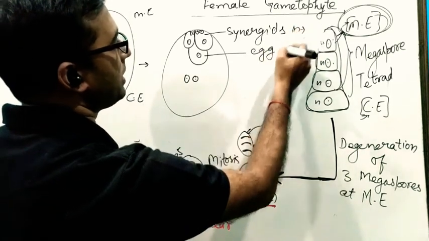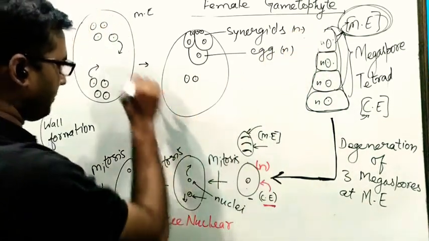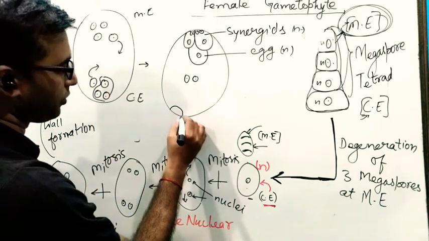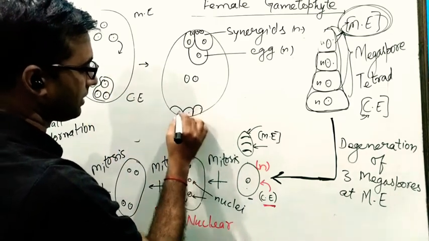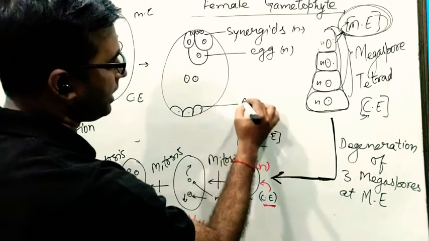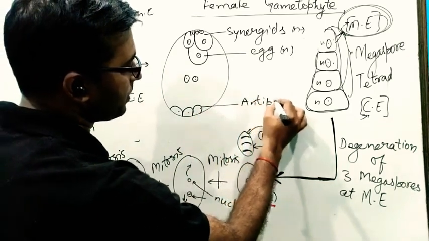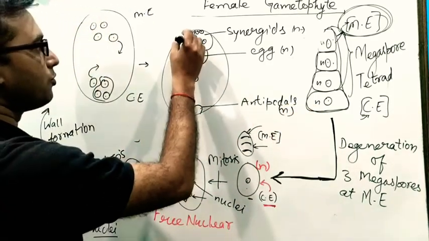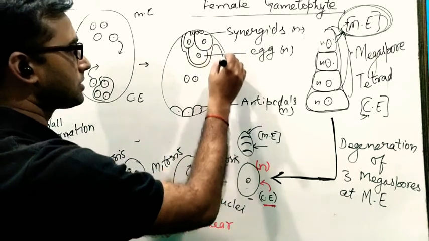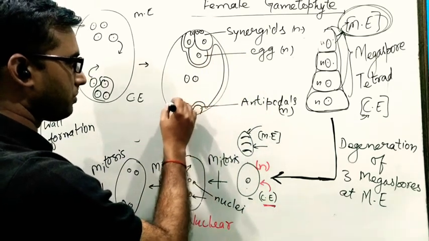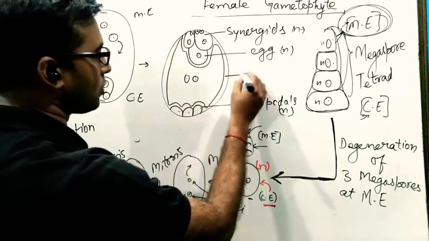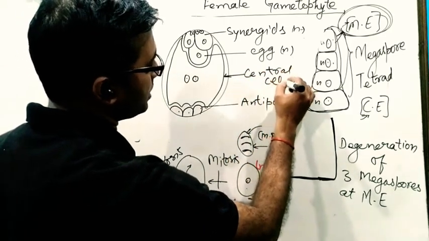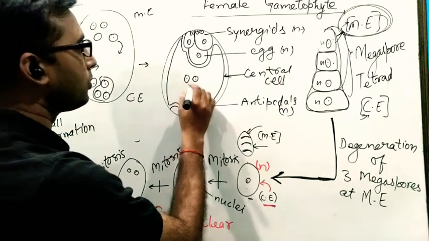All are haploid in nature. The 3 on the chalazal side are converted into antipodal cells, haploid, and one large cell at the central position is known as the central cell.